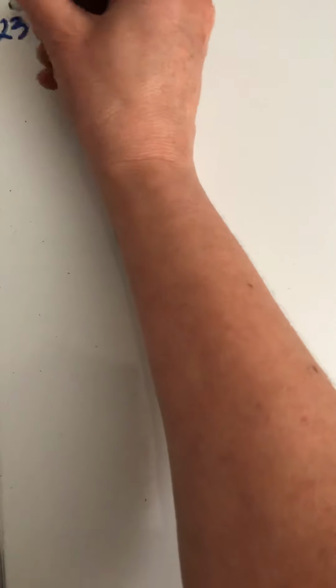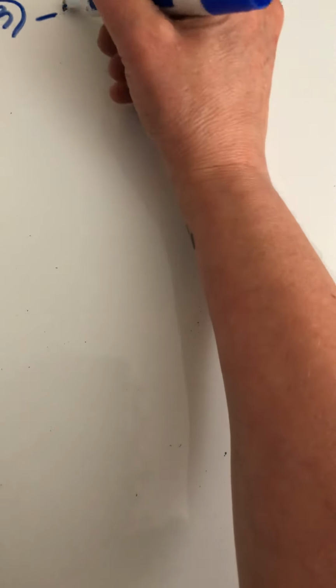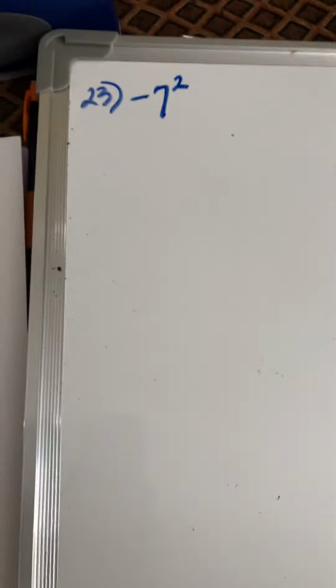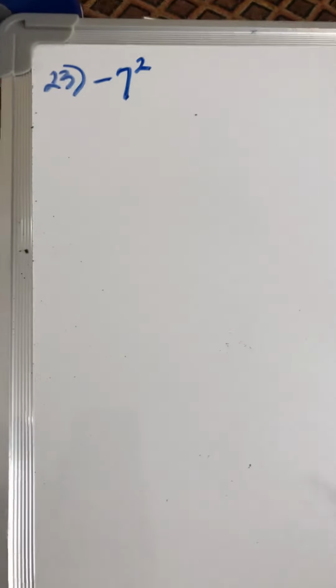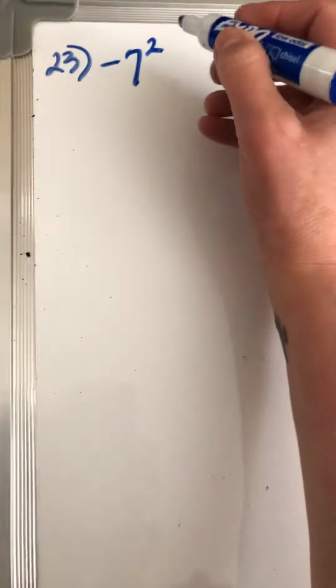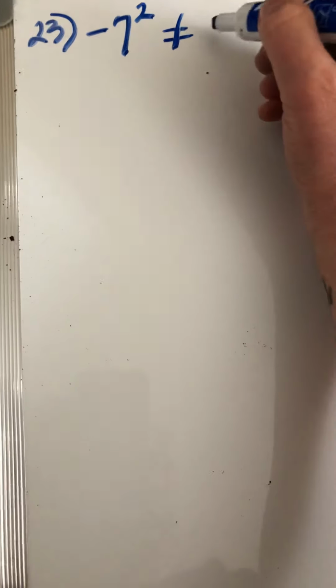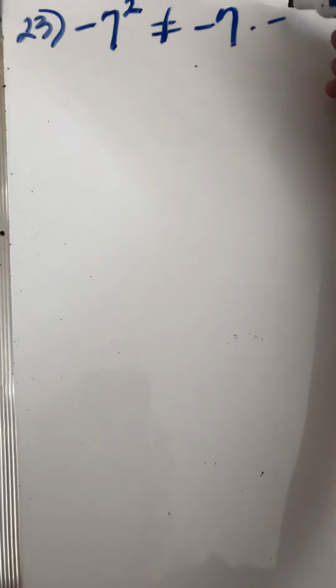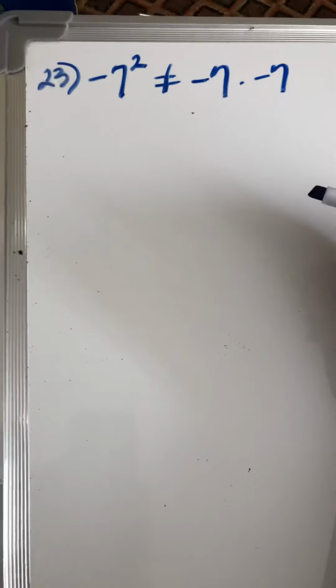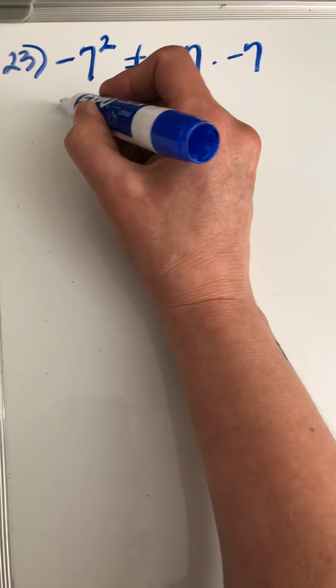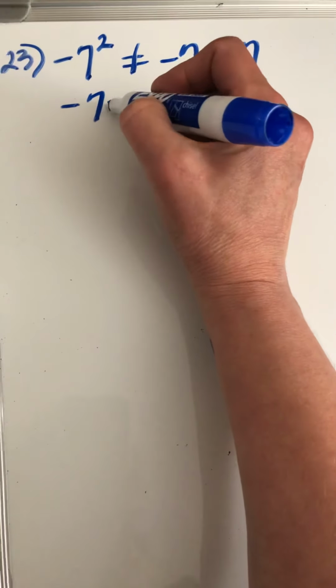Alrighty, I'm looking at number 23. It says negative 7 to the second power. Now there's a huge difference here. This is not negative 7 times negative 7. What this means is the negative of 7 times 7.